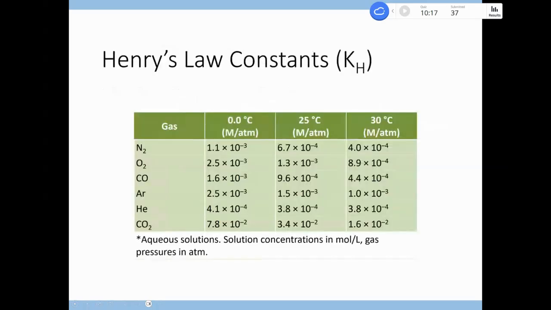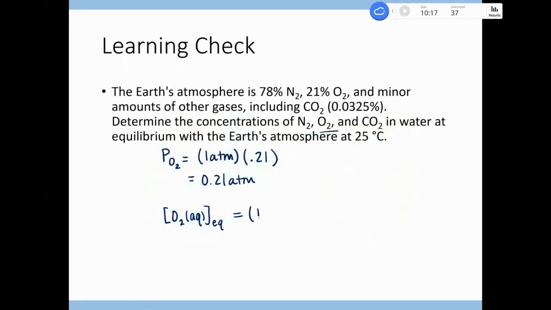So going back to our table, oxygen at 25 degrees Celsius is 1.3 times 10 to the negative third molarity per atmosphere, times the partial pressure, 0.21 atm.